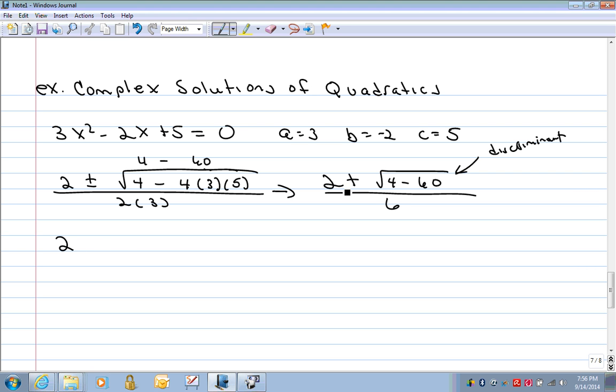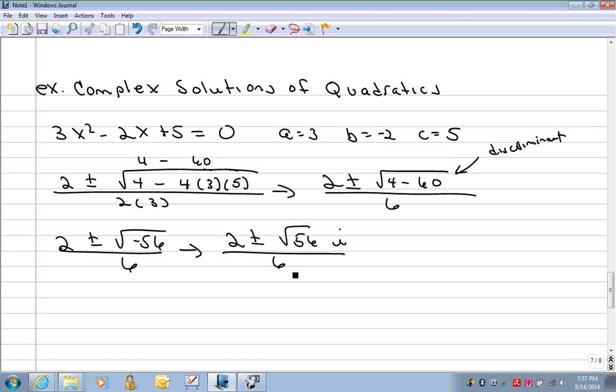So we really have 2, plus or minus the square root of negative 56 all over 6. All right, well, the first thing we have to do is take out the negative. So we have 2 plus or minus the square root of 56i all over 6. The next thing we need to do is simplify our radical.